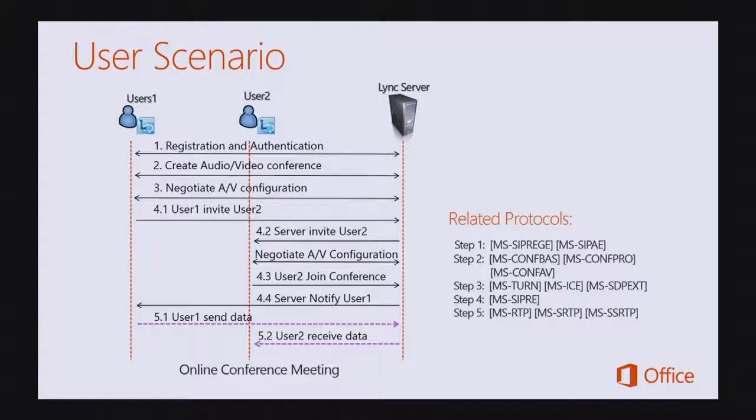That's the most common scenario. I drew this just because I want to show the most common scenario with multiple users. If we only have 2 users in the meeting, they will send the data directly to each other.